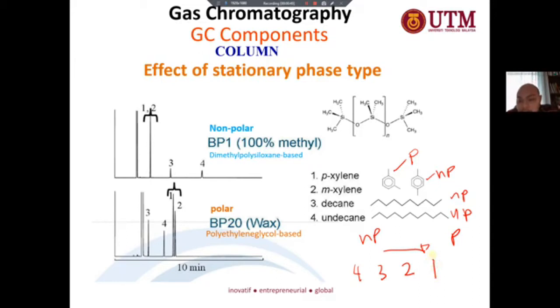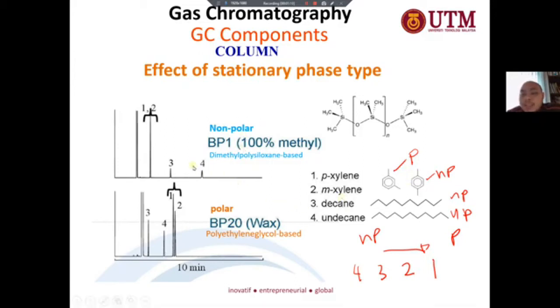But if we look over here, it's a little bit special actually. Let's say we use the non-polar column. Number 4 and number 3 should elute later because they are the most non-polar.